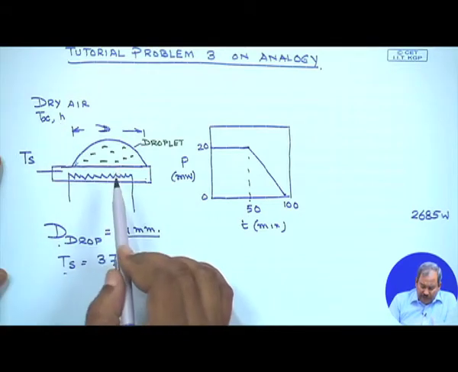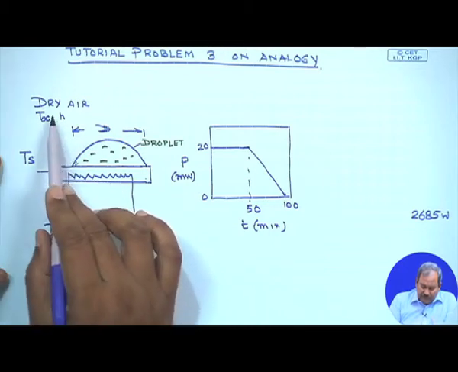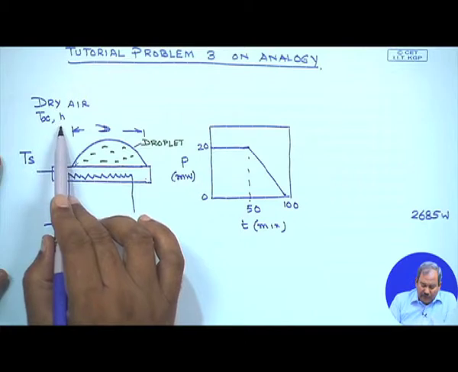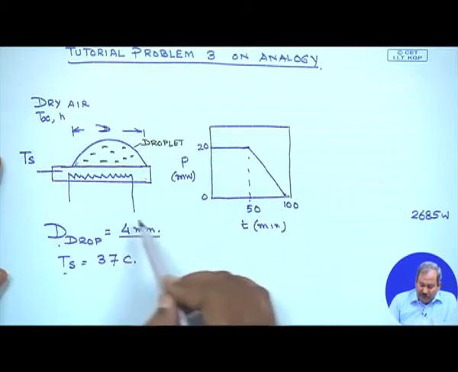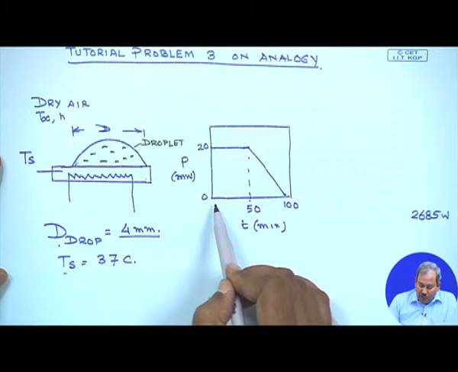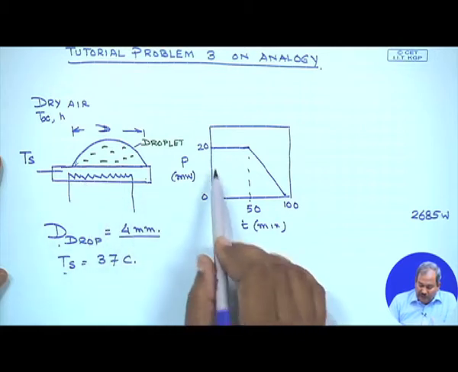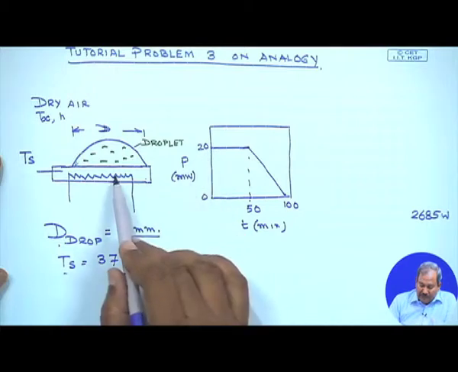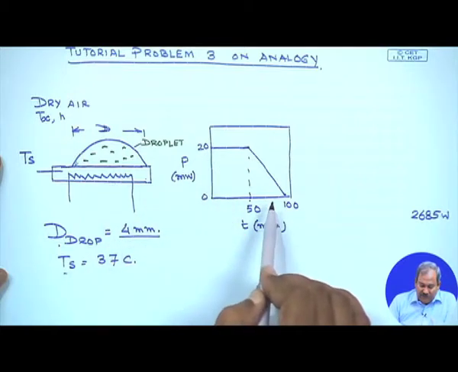I do not have the correlation for Nusselt number or Sherwood number, and therefore for h or hm, but what I have is a power history curve of the heater. This curve shows how the power supplied to the heater changes with time.